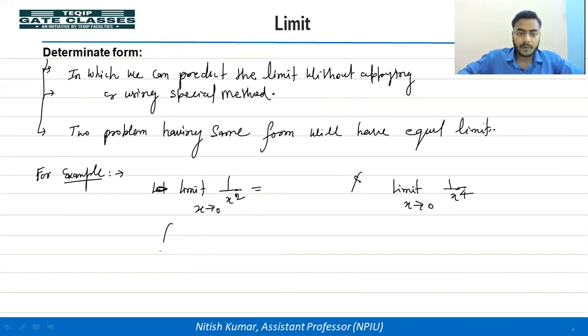Now check the form. How do we check the form? Put x equal to 0, and what are we getting? We are getting 0 square, so it will come 1 by 0 plus.